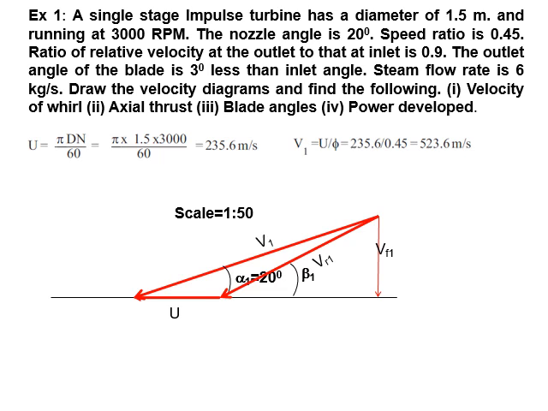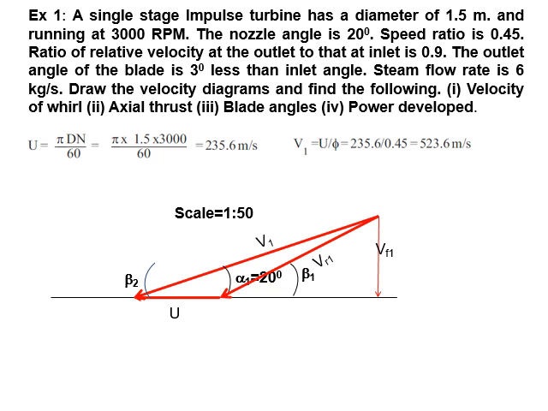In a similar manner, you have to draw the outlet velocity diagram. Here the beta 1 angle is measured from the velocity diagram, and the beta 2 value is 3 degrees less than the beta 1 angle. So whatever angle you got for beta 1, mark the beta 2 angle 3 degrees less than that.